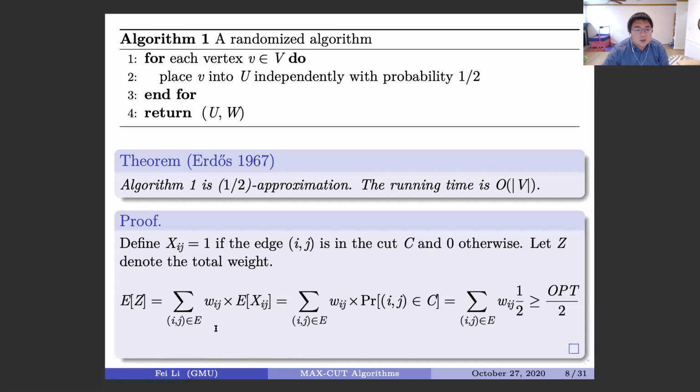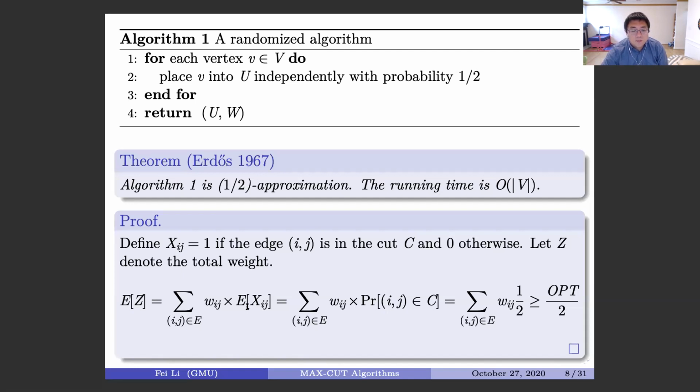Let Z denote the total weight of this cut. The expected value of the cut is the summation of W, the weight of these edges, times the expected value of the indicator variable, whether the edge is included in the cut or not.